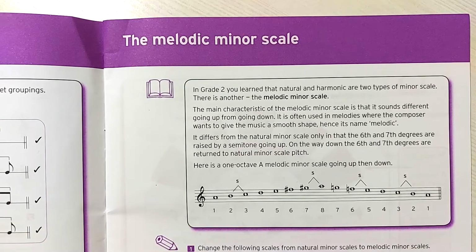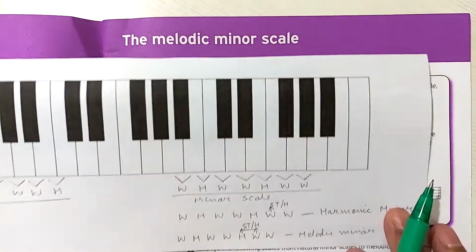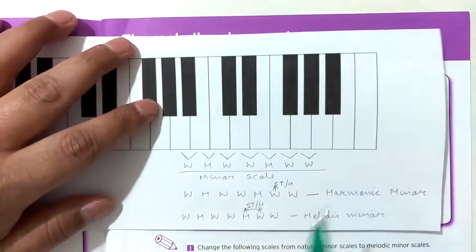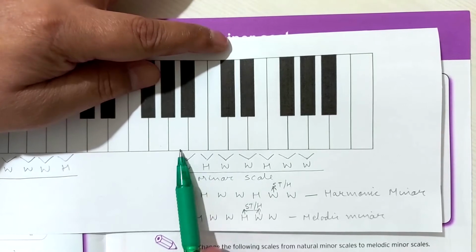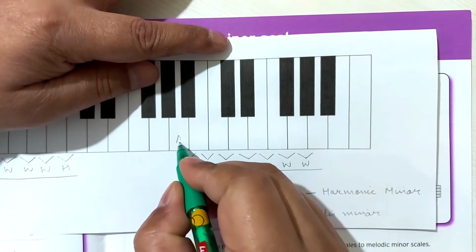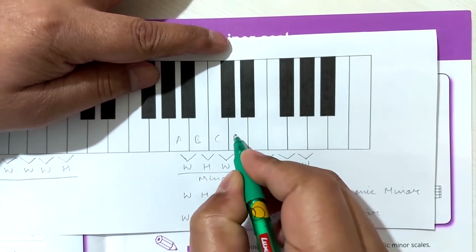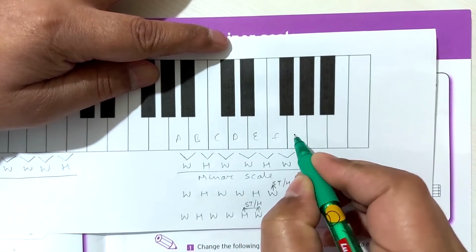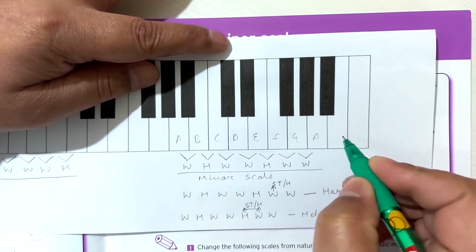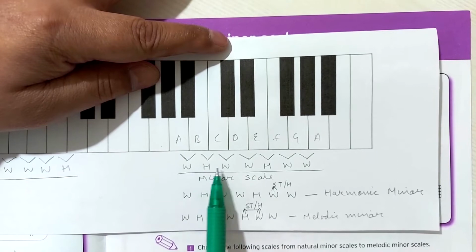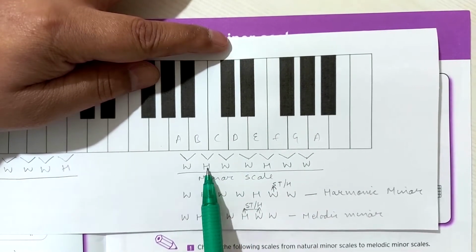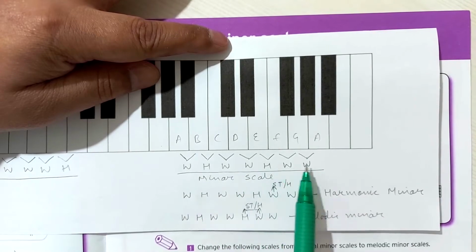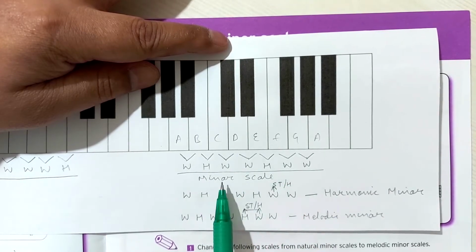So if you remember that the minor scale is simple, I've taken an example of A minor scale. So the whole, half, whole, whole, half, whole, whole, or you can say tone, semitone, tone, tone, semitone, tone, tone. This is the formula of your minor scale.